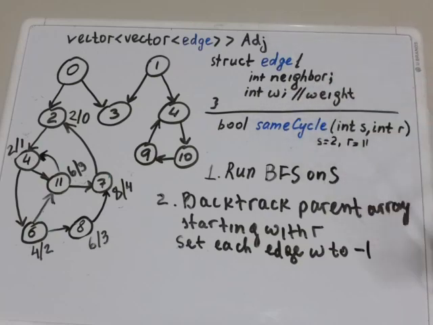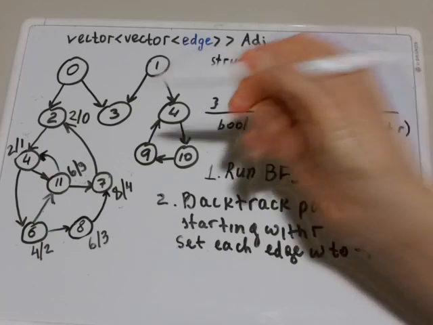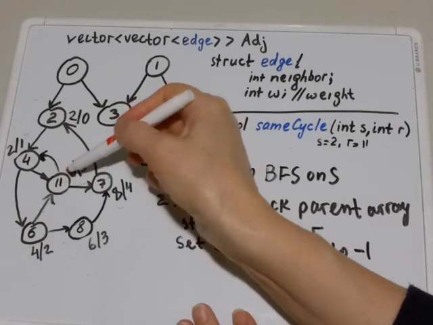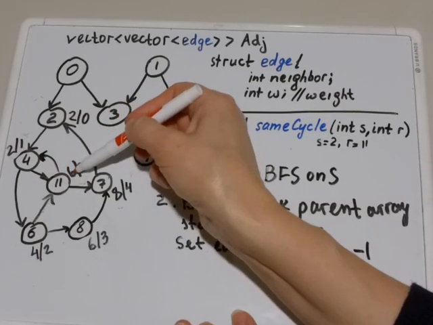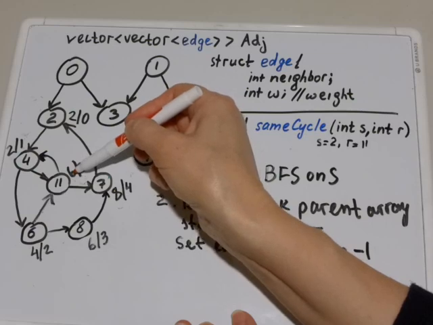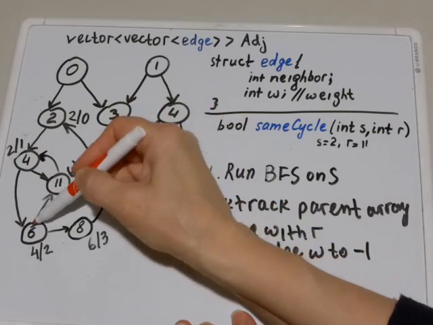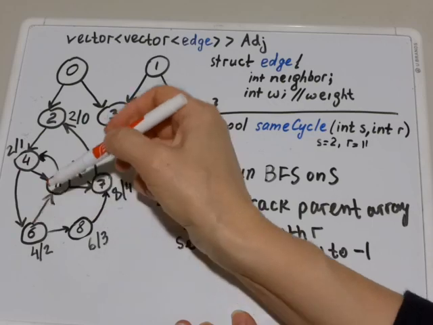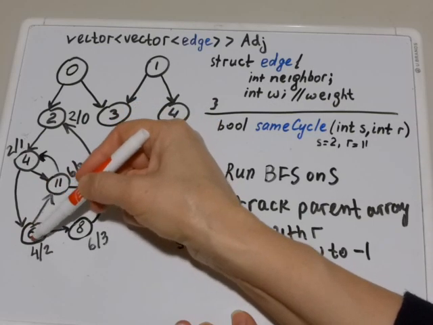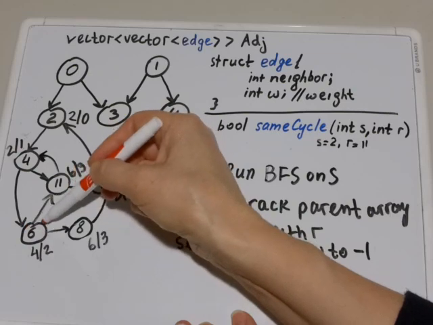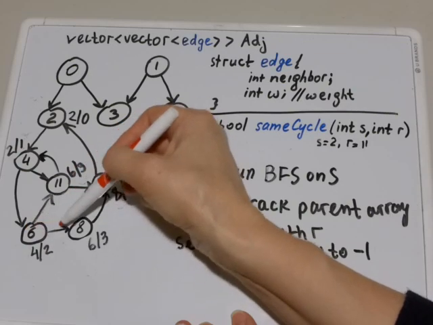So let's try to do it with our example here. Here's our R, 11. We backtrack parent array. We're looking at its parent. Parent is 6. So go back to 6. Find adjacency list of 6. Traverse adjacency list of 6. It has 2 edges there.